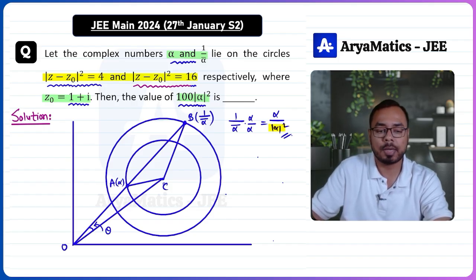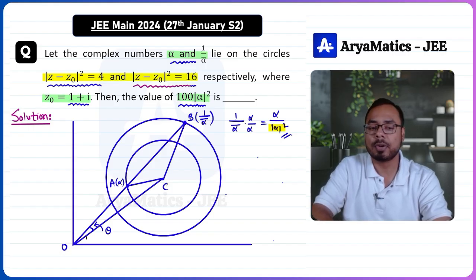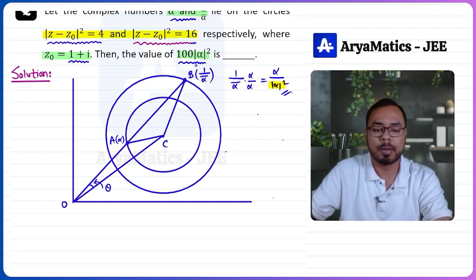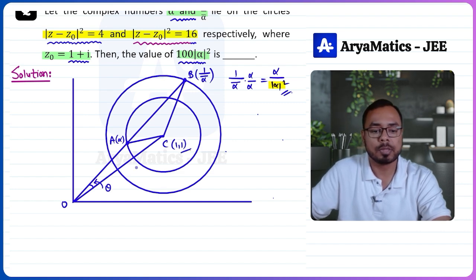One triangle OAC and the other triangle OBC. In these two triangles, we'll use cosine formula, and from there, in few lines, we can get mod alpha square. Right? Let us say mod alpha is lambda, and also this point was the center of the circle, so this will be 1, 1. That means OC, this length is root 2 unit.